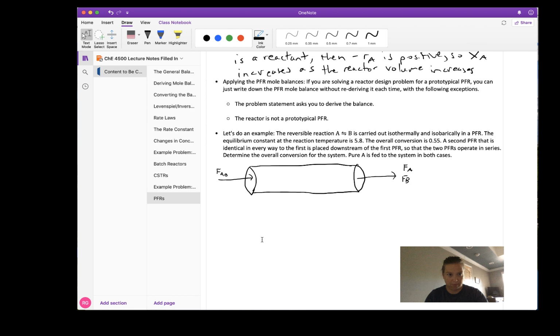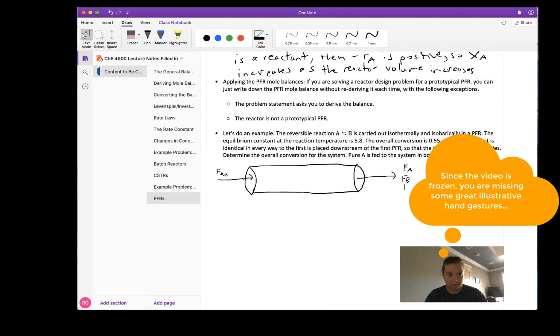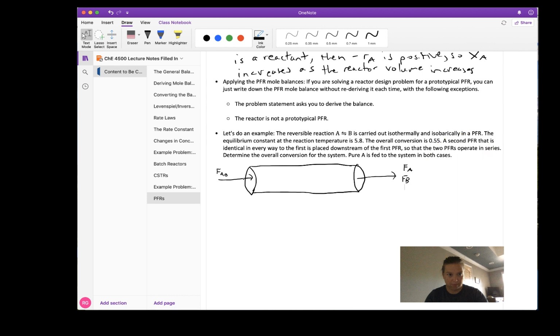And if you recall, we talked about how PFRs operate. So once the reactants enter the reactor at the inlet, they start reacting. The concentration varies continuously down the length of the reactor.